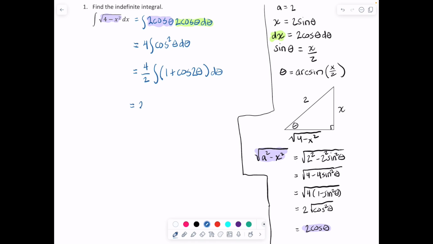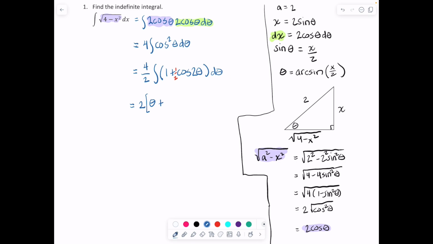Then we'll have 2 times the integral of 1 with respect to theta, which is just theta. And then the cosine 2 theta, you're using a 1/2 to balance it out for this guy, because you need to have a 2 d theta for that part of the integral.